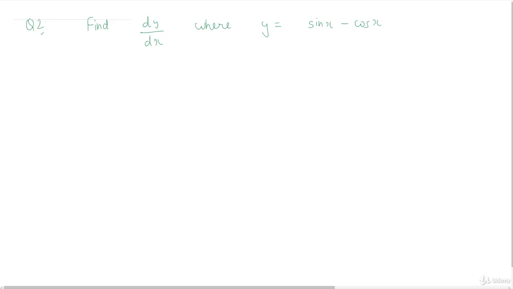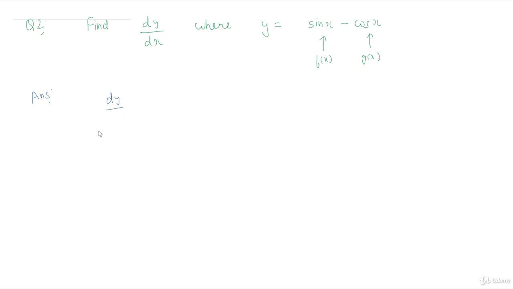If we suppose this function as f of x and this function as g of x, then dy by dx can be written as d by dx of f of x minus g of x.